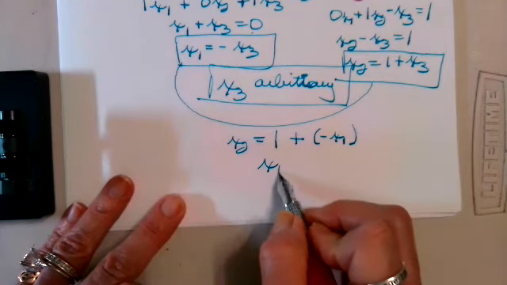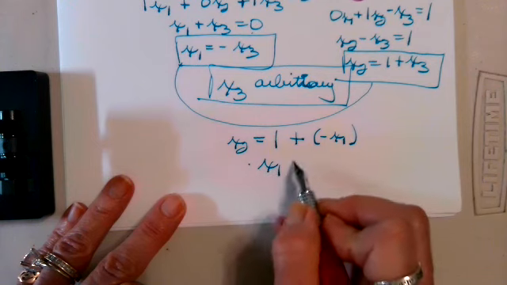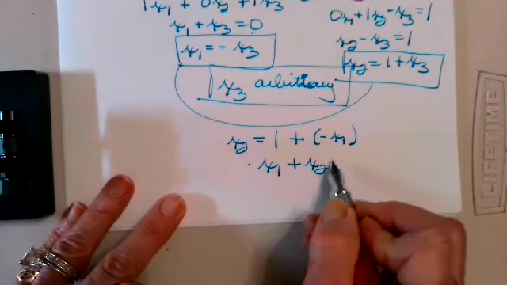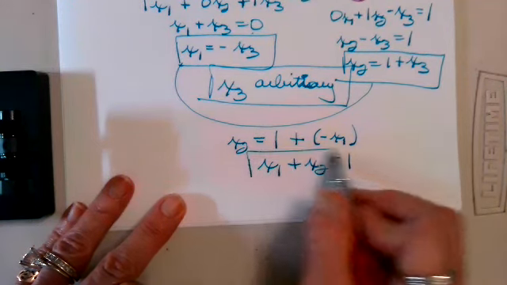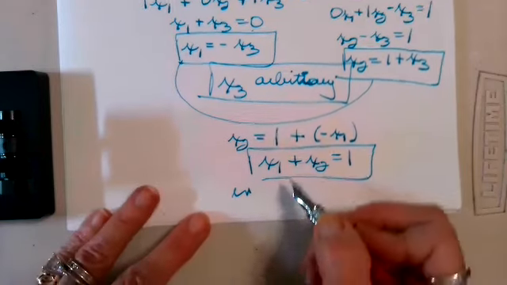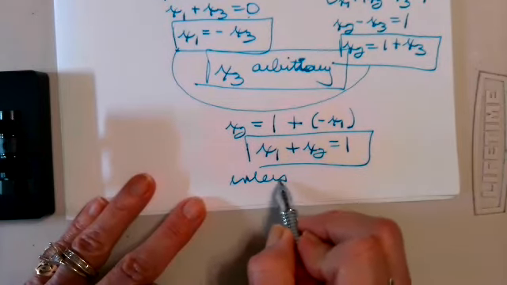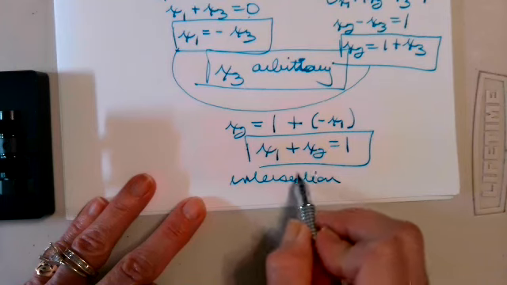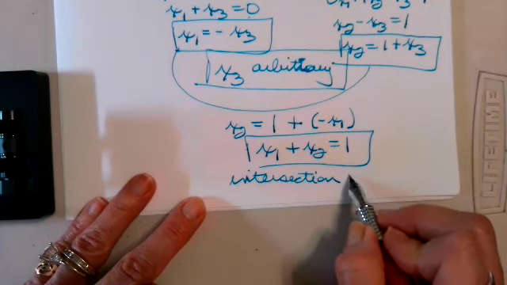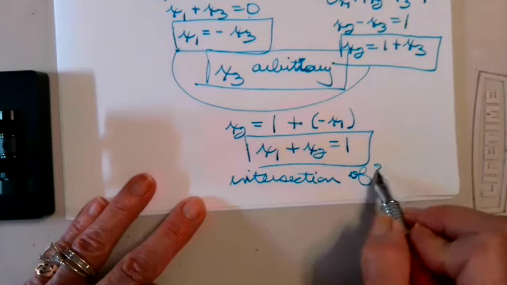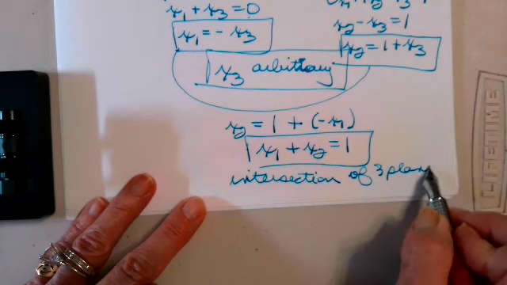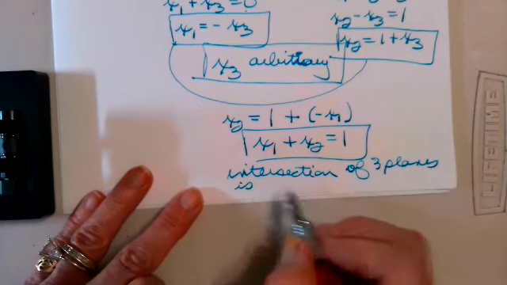So that says x1 plus x2 equals 1. So the intersection of the three planes is a line.